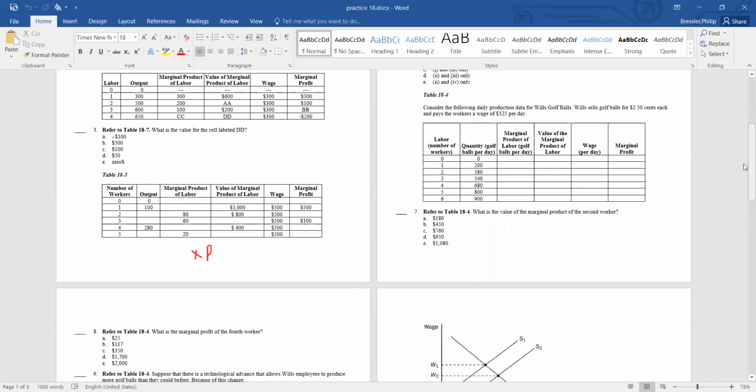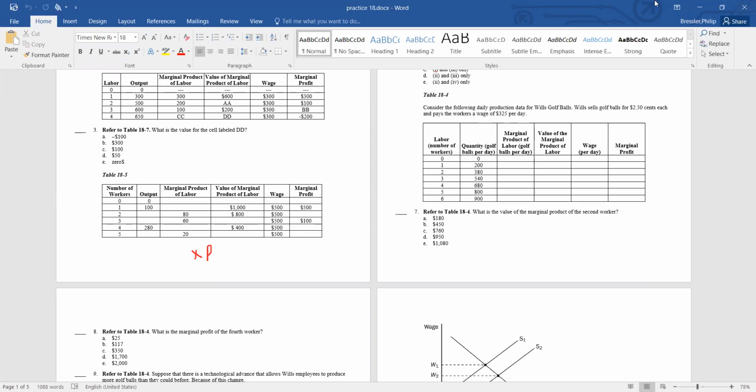All right. Now we've got a new table. Now, as we look at table 18.5, again, how are we going to find the marginal product of labor for the first worker? It's 100 minus 0 is 100. So I'm not going to fill out this whole chart for you.